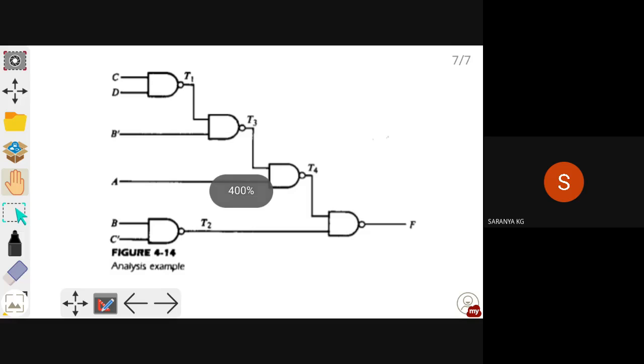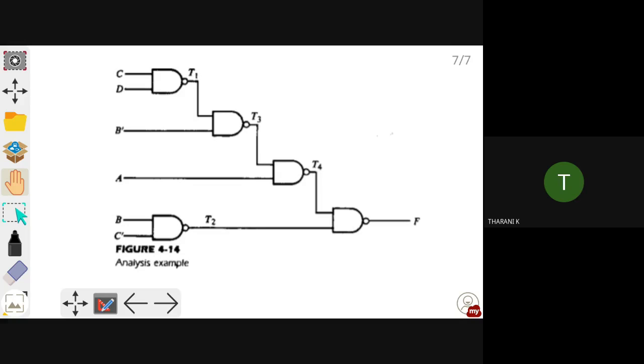So I need F here. How many inputs are available in this combinational circuit? 4. A, B, C, D is your input.